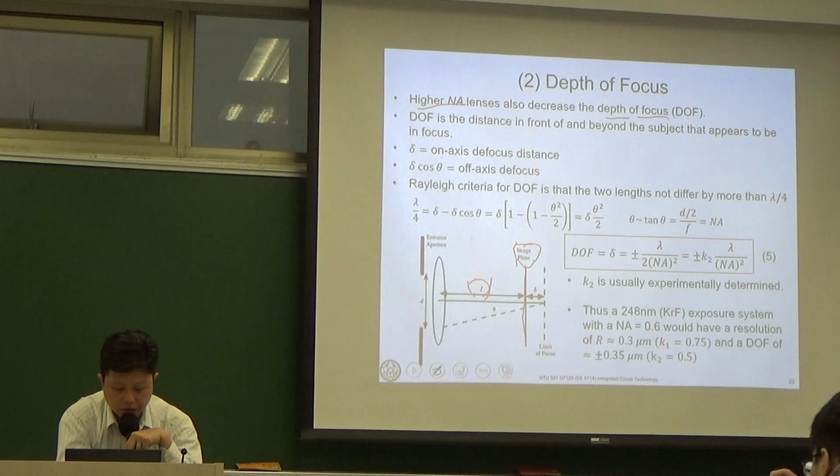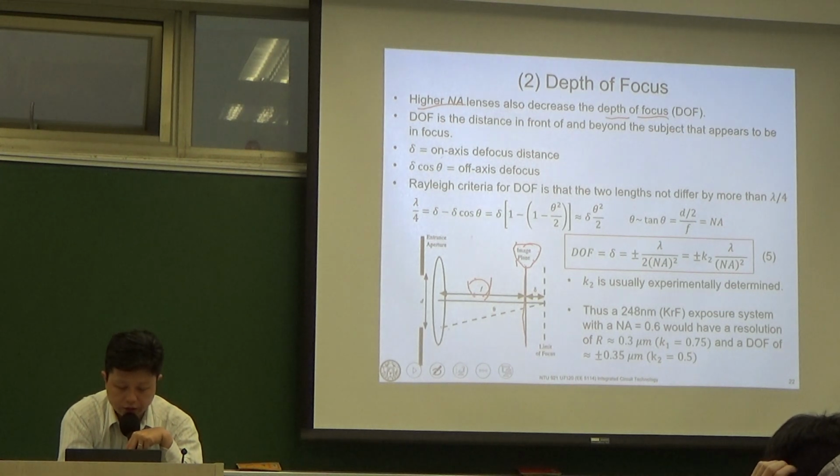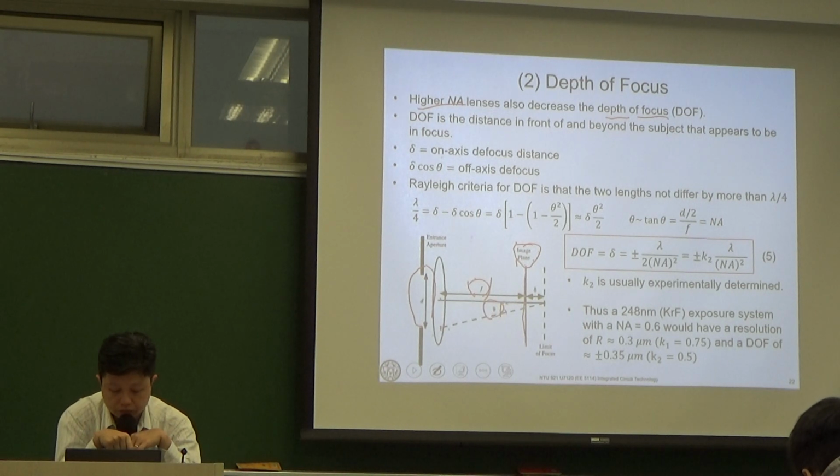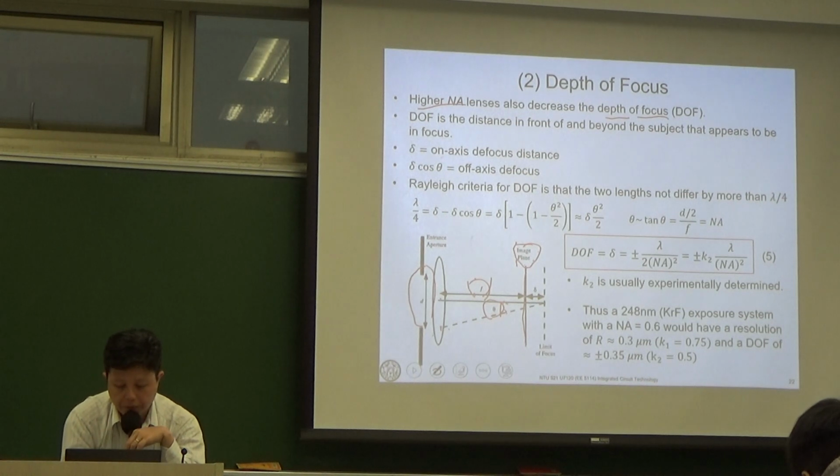But you still have light coming not just from the center but from the edge of your lens, because there's a certain aperture. So there's an angle theta here.